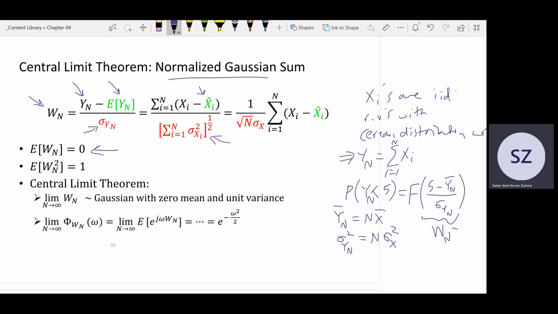So Wn equals yn minus n x bar divided by the square root of n sigma x squared, which is the standard deviation of yn.